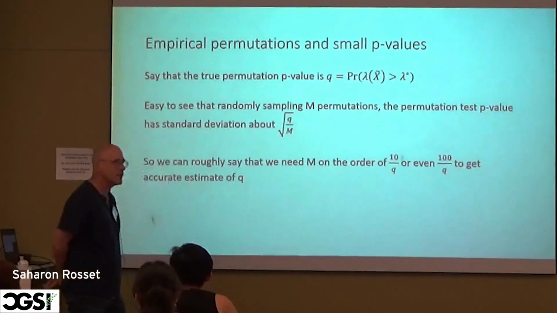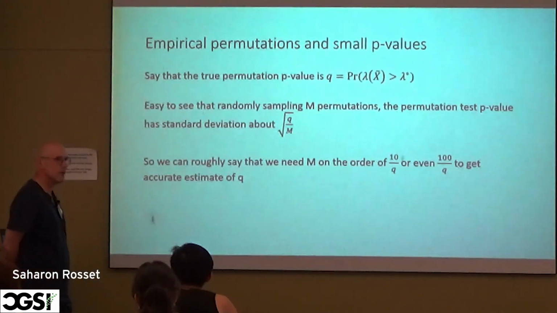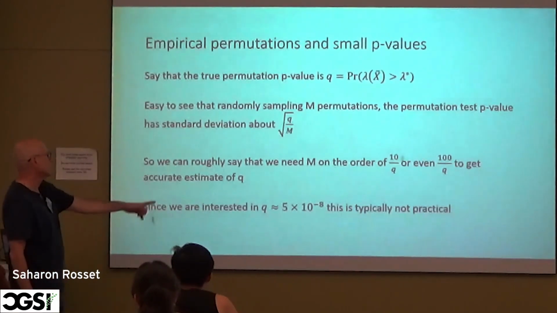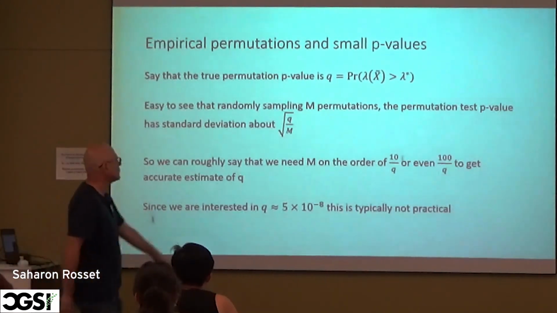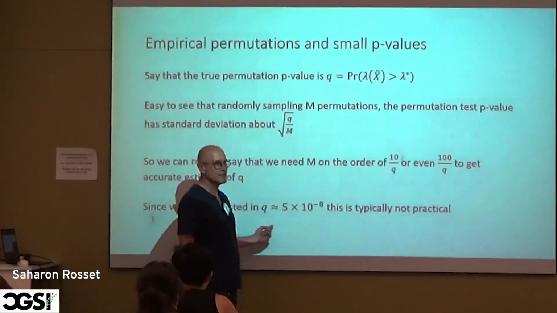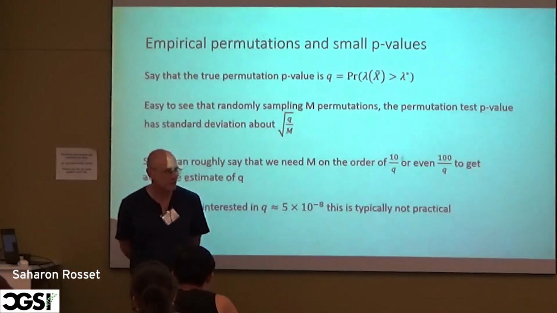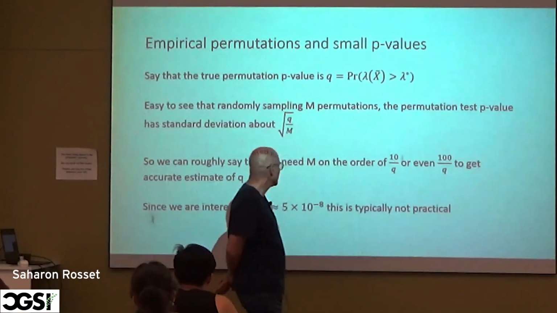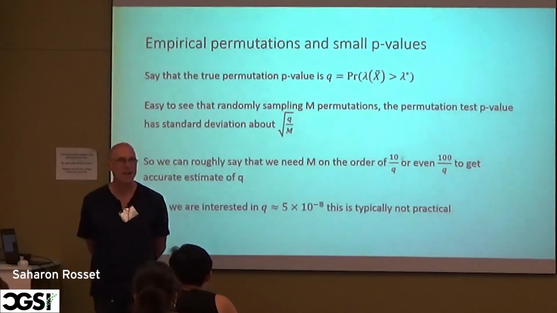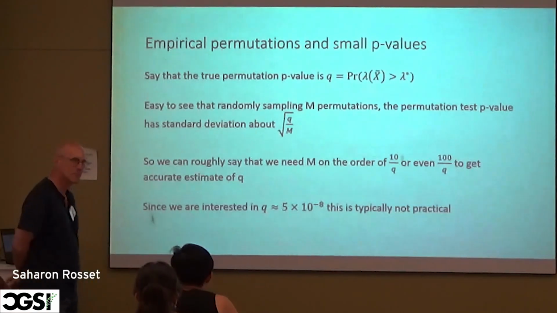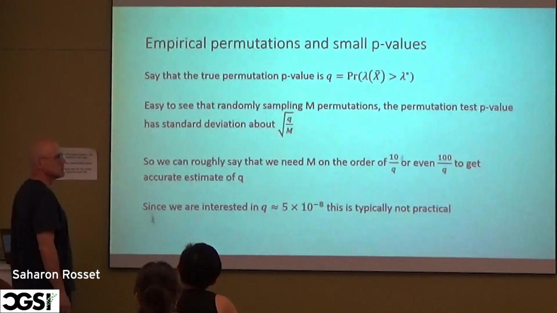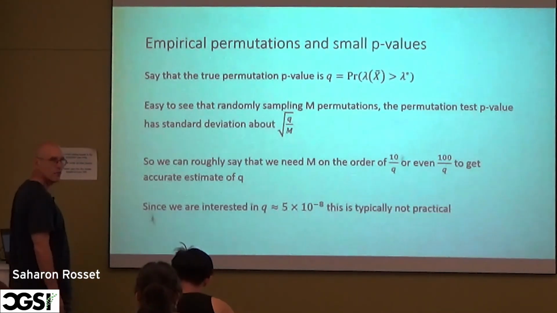So when I need Q to be on the order of 10 to the minus 8, that becomes a big problem, right? Because that means that if I'm interested in p-values of this magnitude, as I am in GWAS, then I need on the order of 10 to the 9 or 10 to the 10 permutations. So at this point, it seems like permutation tests are not practical for getting very small p-values.